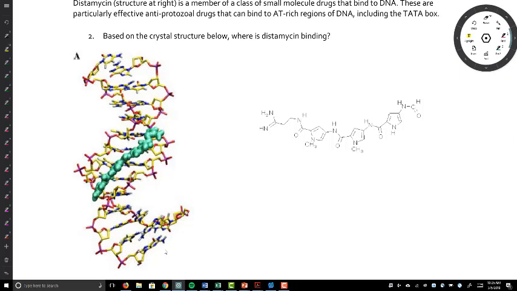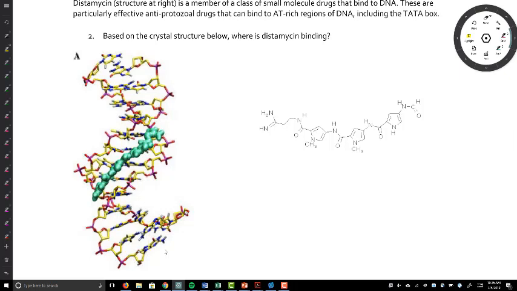So there was some confusion about the video where it showed an illustration of a Watson-Crick base pair and which part is the minor groove. The minor groove and the major groove, when I showed that illustration, it was just referring to which part of the base pair is exposed in the major and the minor groove.